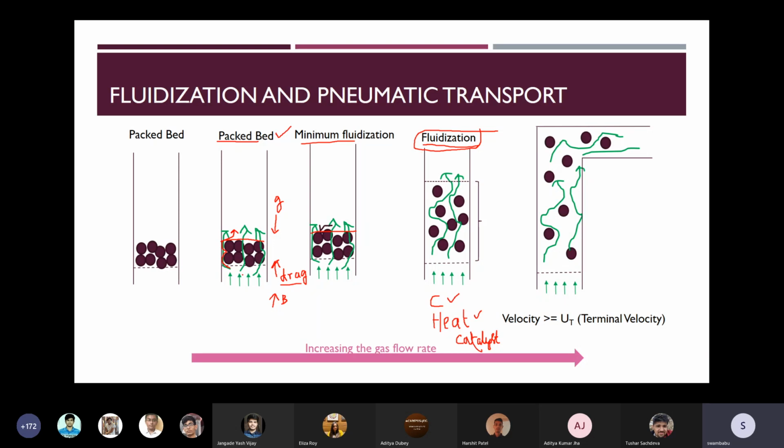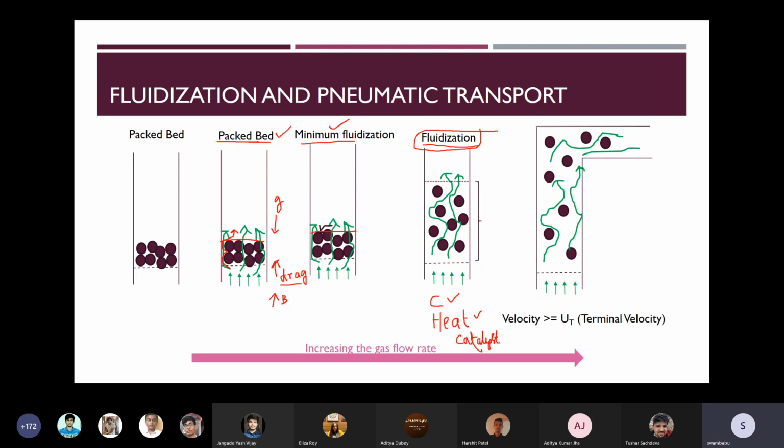With the particles stationary, when the fluid is moving, that's called a packed bed. When the particles are about to move, about to rise up, that state is called minimum fluidization. Whatever conditions are maintained in the packed bed are applicable to minimum fluidization because the particles are just stationary.